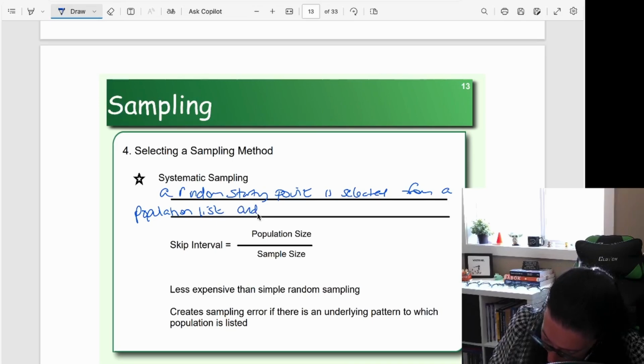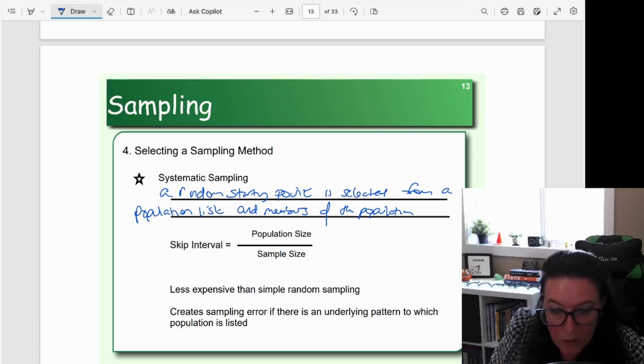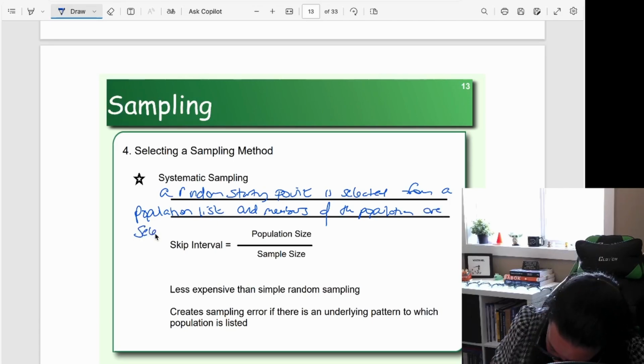And members of the population are selected using a skip interval.